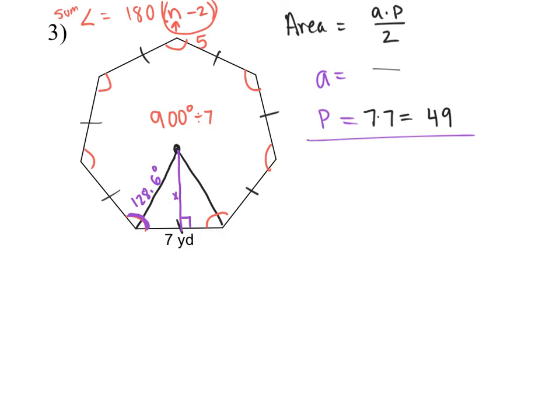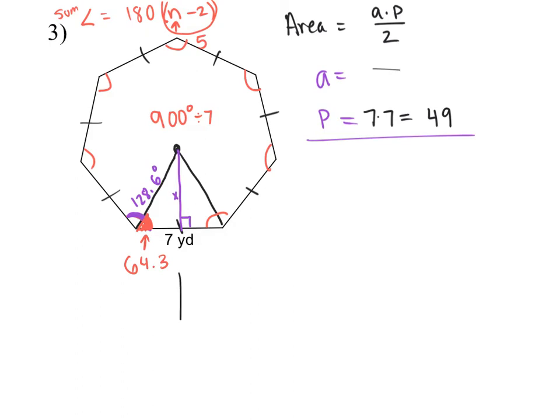So this entire purple angle is 128.6, but I only want to use this half of the angle, the half that's actually within this triangle. So if I divide that answer by 2, the actual angle that I'm working on, this red half, is about 64.3. Again, rounding might change your answer a tiny bit.